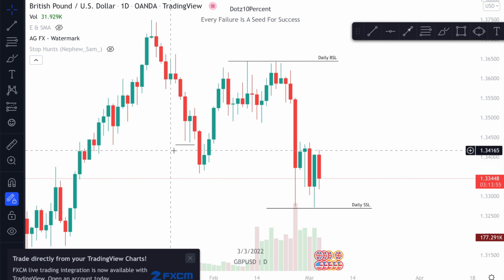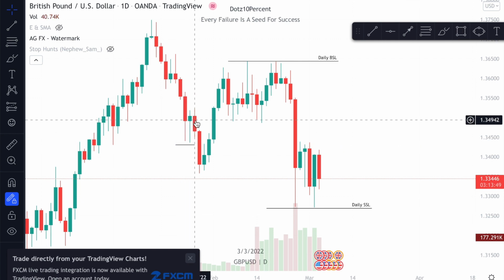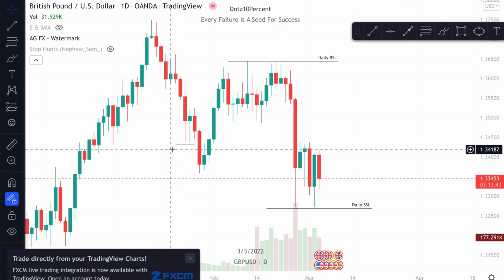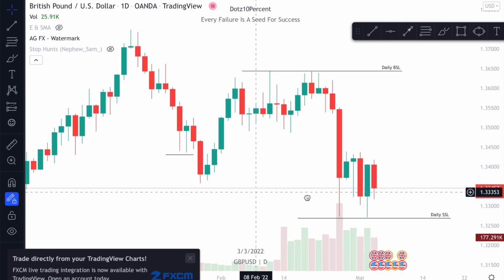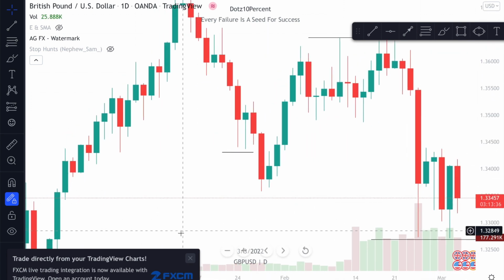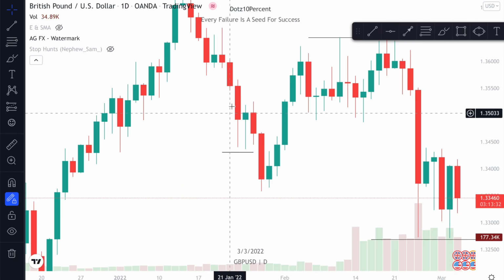And what you need to see here is this liquidity under this candle did get taken initially, but then price pushed off. So people entered longs, and what did they do? They put their stop losses below this. So these are daily candles, by the way. I'm just trying to give you guys context so you can understand what's actually happening and why we can use this liquidity to our advantage.